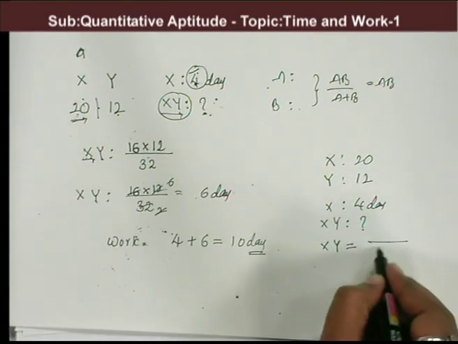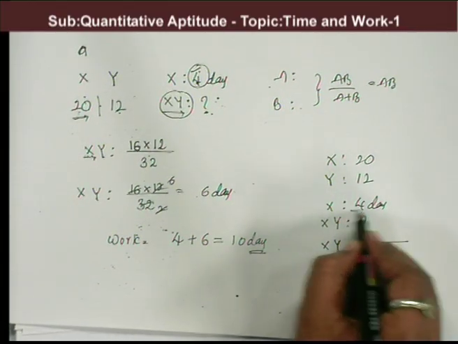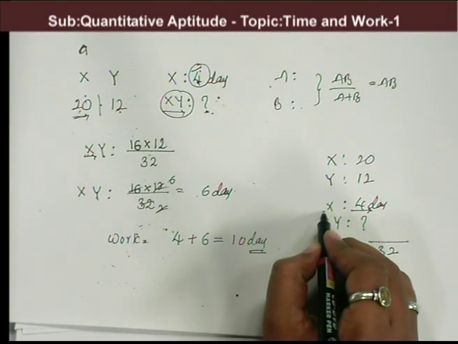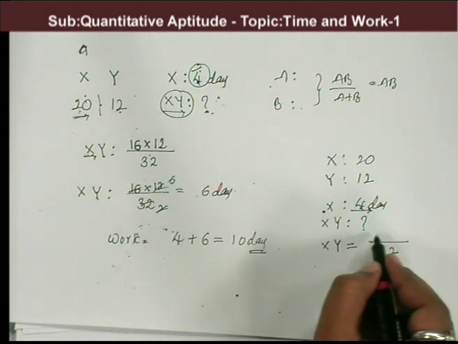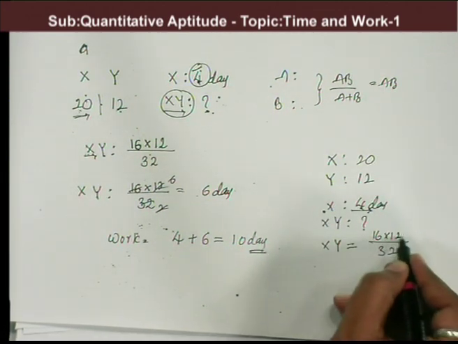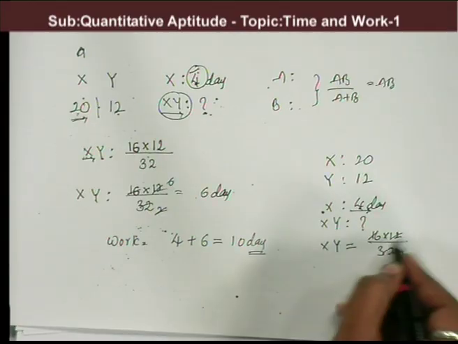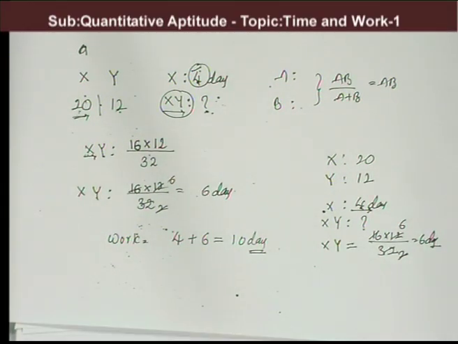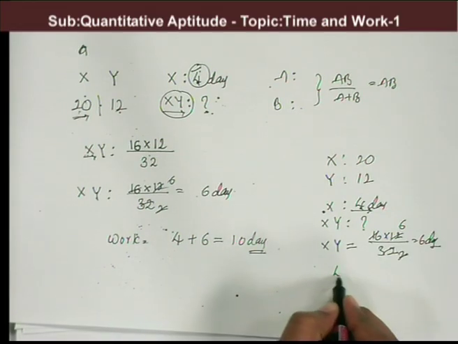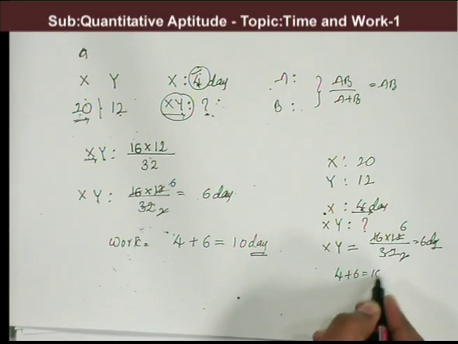Simply you add the both values, 32. Y is working alone, x is working alone. So, remove that alone working days of the x from the 20. So, that is 16 into 12, 16 2s are 32, 2 6s are. So, it is 6 days, x and y is 6 days. The whole work is completed in 4 plus 6, 10 days.